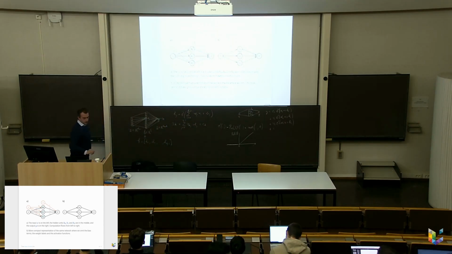You also see these two extra nodes with a 1, which is another way to view the problem. Instead of having this offset, which we add explicitly before the activation function, it would be the same to just pretend that the x vector or the h vector comes with an extra element, which is constant, with a value of 1.